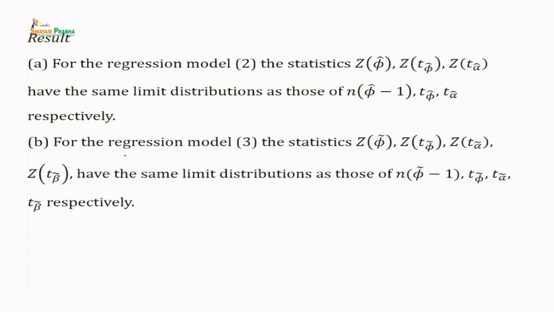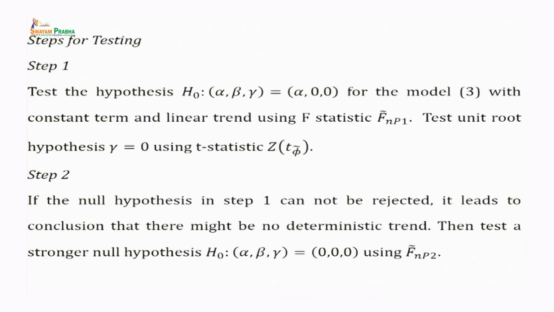Similarly, for the regression model 3, the statistics Z phi curl, Z t phi curl, Z t alpha curl and Z t beta curl have the same limiting distributions as those of n(phi curl minus 1), t phi curl, t alpha curl and t beta curl respectively. So, the details of the derivations I have not given here.